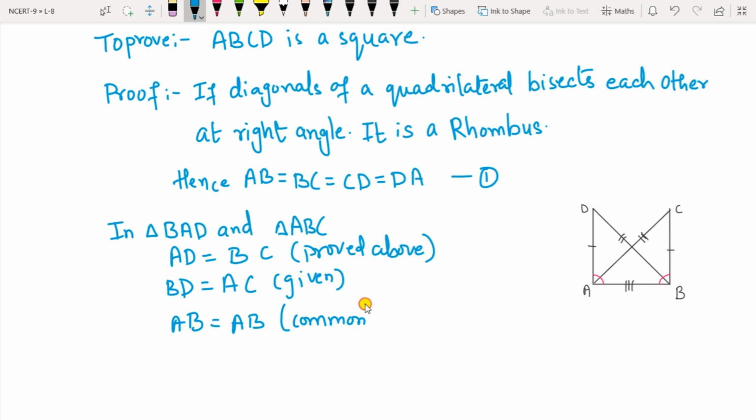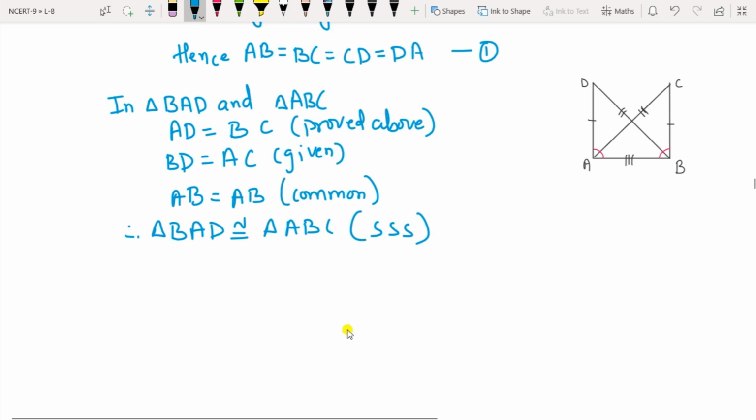Therefore triangle BAD is congruent to triangle ABC by SSS axiom, and by CPCT angle BAD is equal to angle ABC.